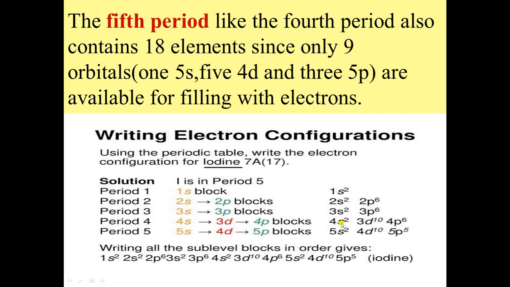So in s shell 1 orbital, in d shell 5 orbitals, in p shell total 3 orbitals. So that means total 9 orbitals are present in fifth period. 9 orbitals means 18 electrons, 18 electrons means 18 elements.